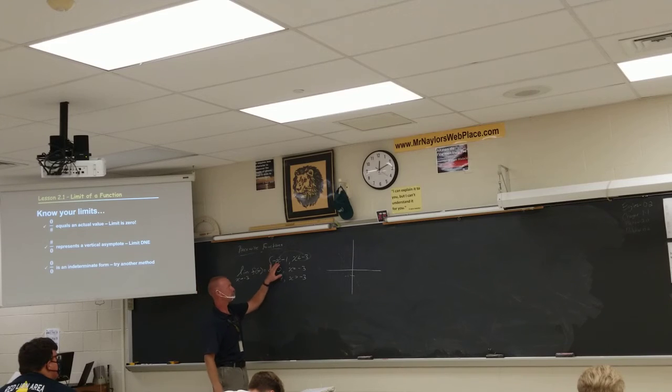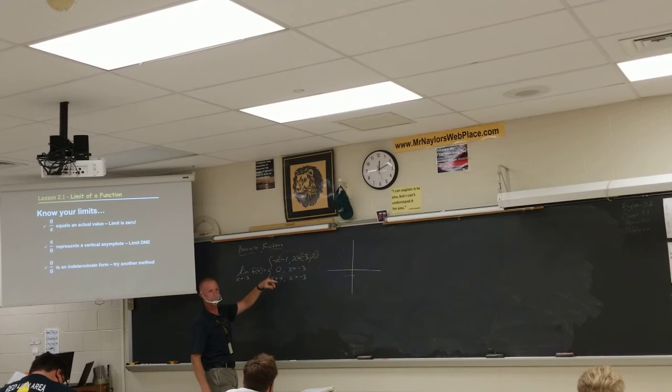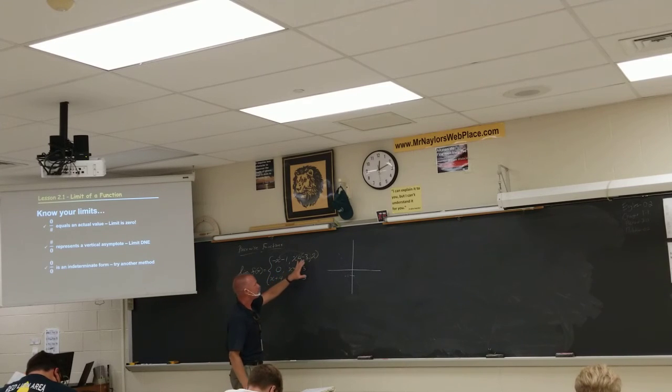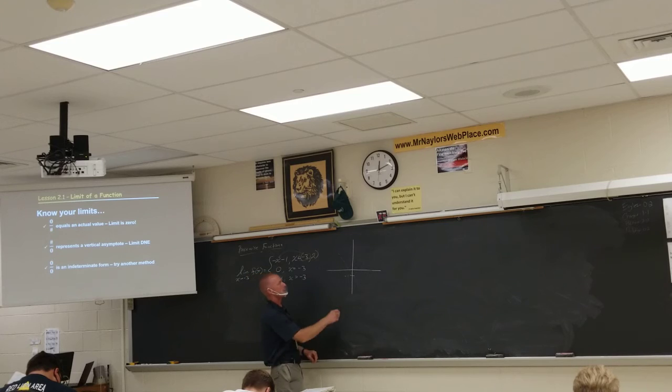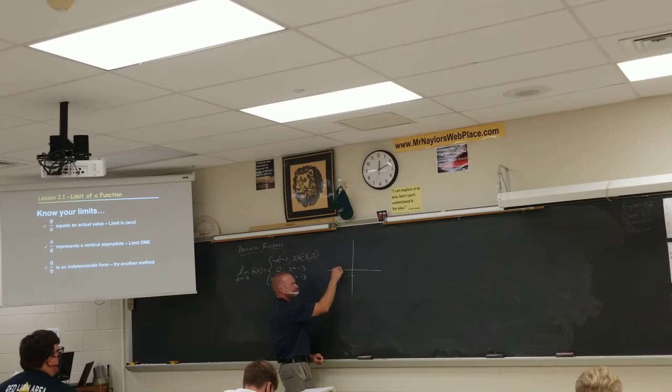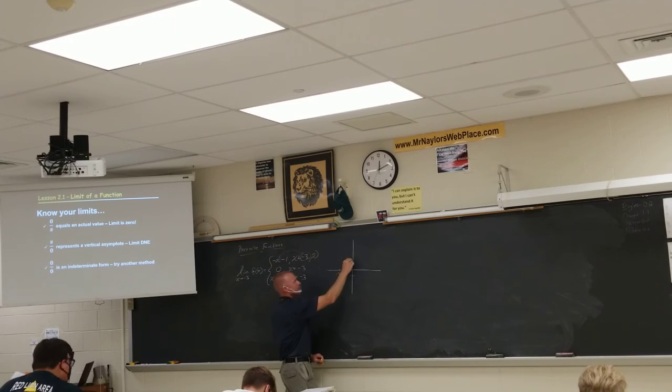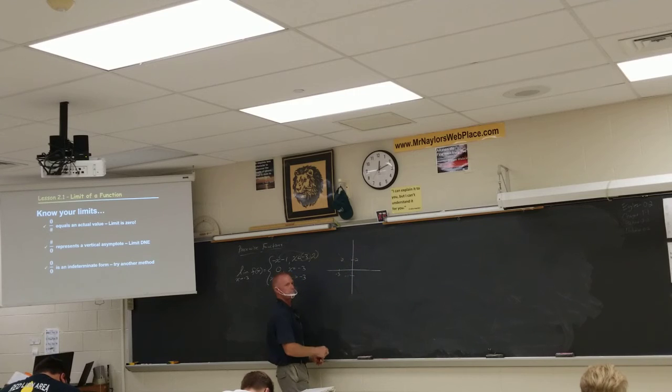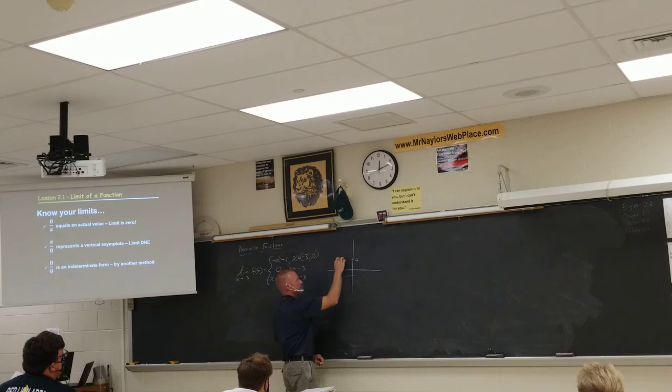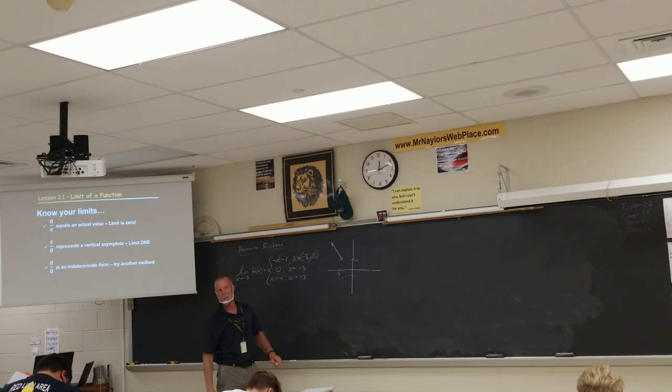I plug in negative 3, and I end up getting a y value of 2. Now you say, but it's not equal to negative 3. Negative 3 comma 2 is just going to be the place where this piece begins, but we will carefully denote that with an open endpoint, with an open circle.